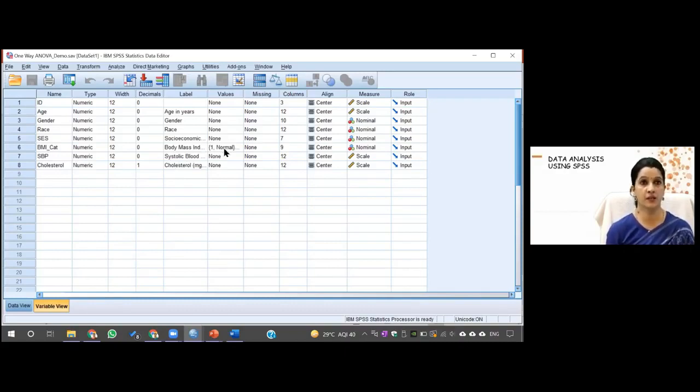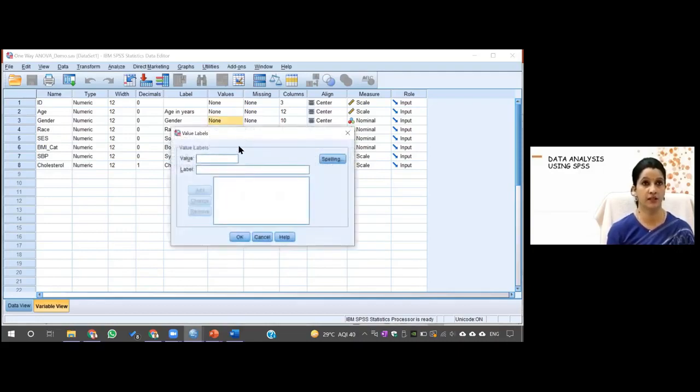This value is for the categorical variable. In this case, there are categories like socioeconomic status, race, and gender, but that coding is not entered here, which should have been entered. So you can write it down, like 1 was for female and 2, although we don't have to do any analysis on gender.